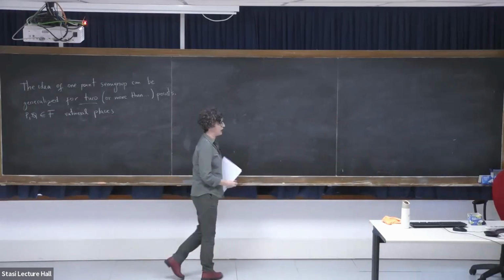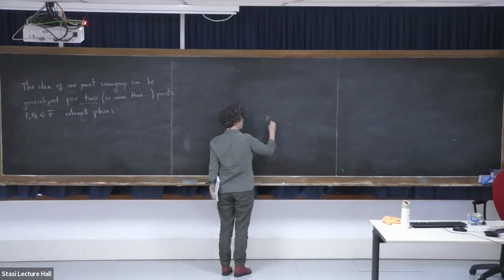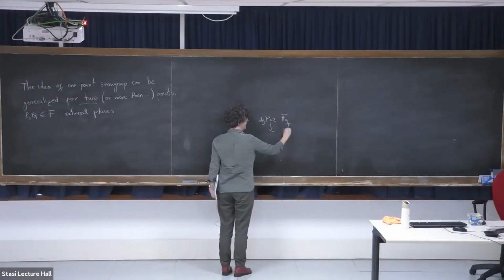And also, if P is a place of degree 2 over F_q, you just go to F_q squared and you get 2 places of degree 1 associated to it. So P over here will be like Q1 plus Q2.